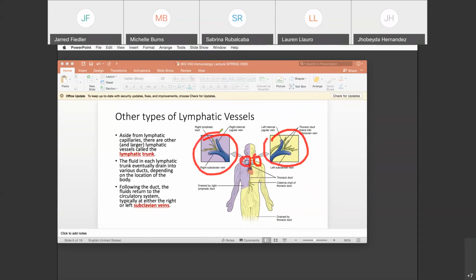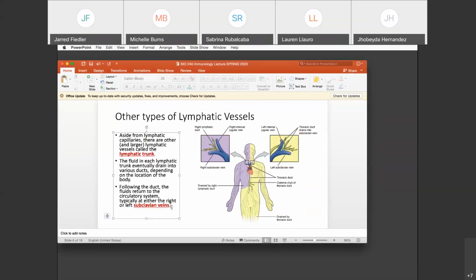Those are two ducts. All right, I should be more specific here. Let me actually type it in the PowerPoint so you guys could see better.